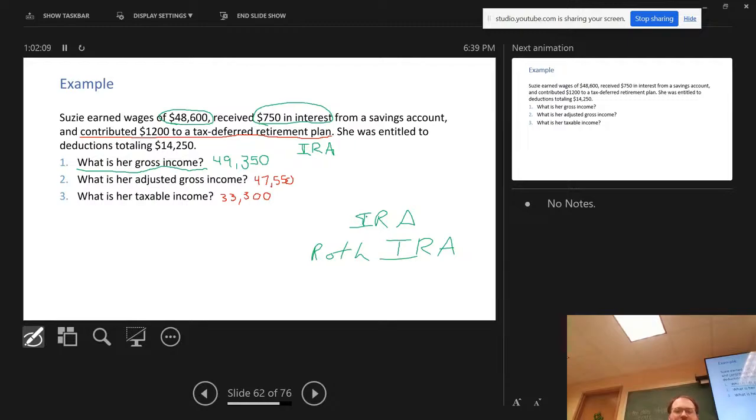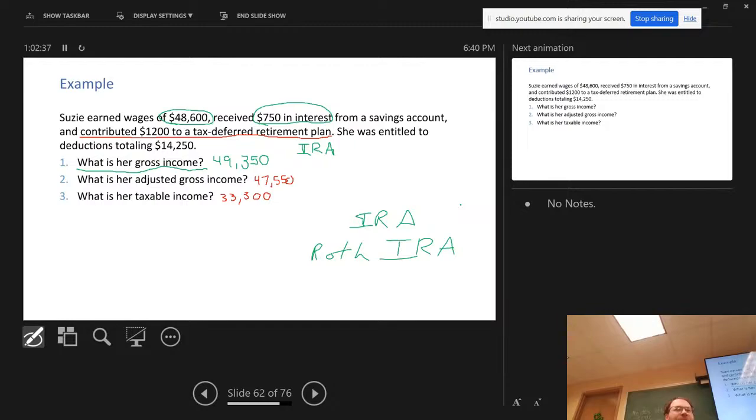So with the IRA, the traditional one, you're basically taking the tax break now. But then when you go to take the money out in retirement, that's when you'll pay taxes on it. For the Roth one, you're not taking the tax break now, so you're paying tax on what you put in to the Roth now.